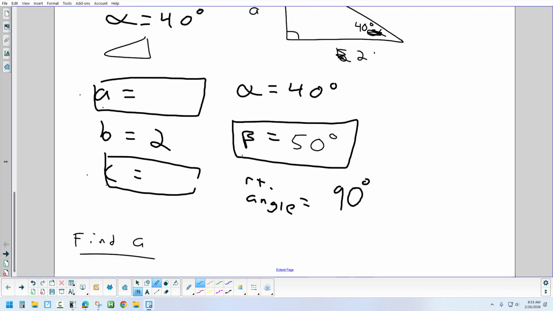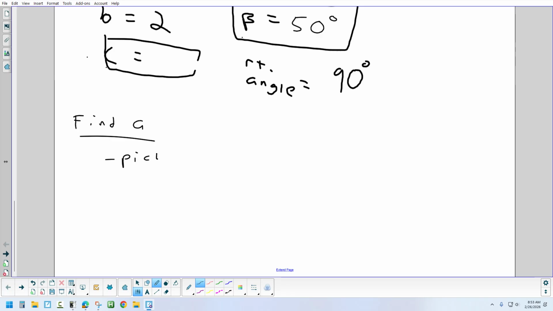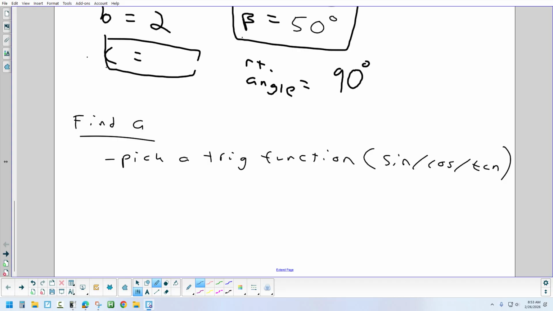I'm not going to do it for everyone, but just the first one I will. We're going to pick a trig function. You have three choices: sine, cosine, or tangent. Do not use secant, cosecant, or cotangent. Okay, so we're going to pick one of those three.